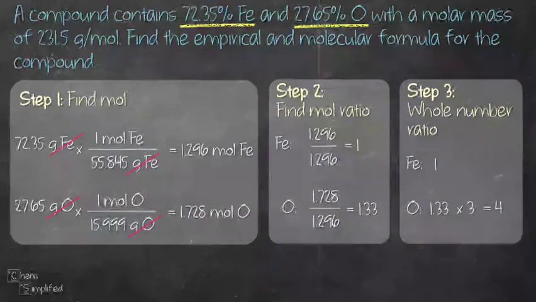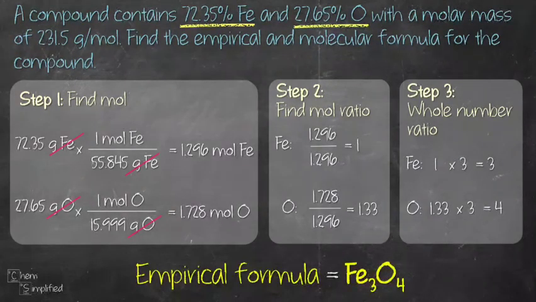For iron, already it's a whole number, but oxygen we multiply with 3. So that's why we have to multiply the iron answer also with 3. So it's a 3. Now we got whole number ratio for iron as well as oxygen. Let's write the empirical formula, that is Fe3O4.